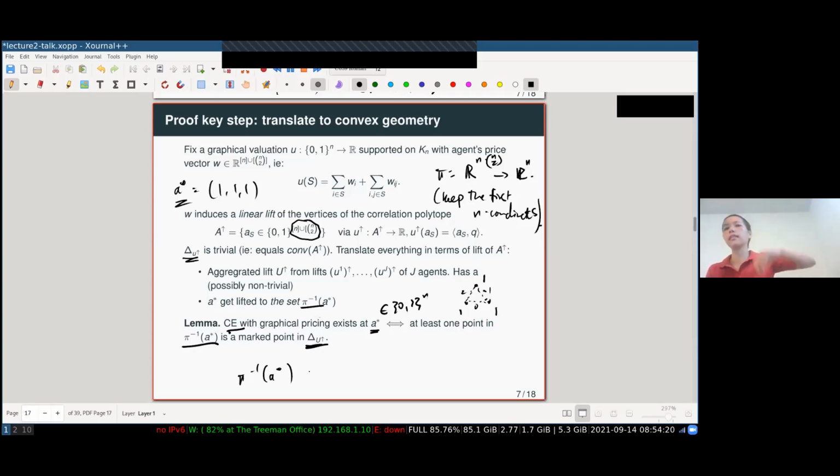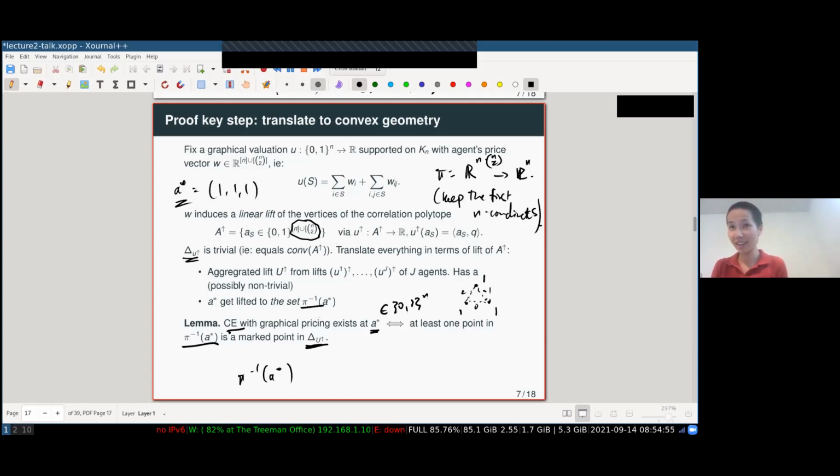That means there's a way to decompose this one point inside my subdivision upstairs, such that if I look at the first n coordinates, it corresponds to splitting these sets of items. And the decomposition tells me how to allocate to the agents. Sorry, I really wanted to draw a picture.